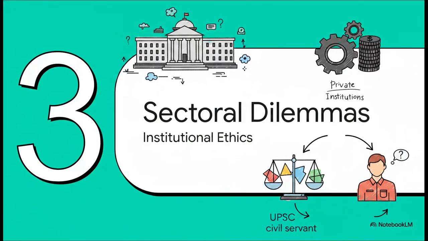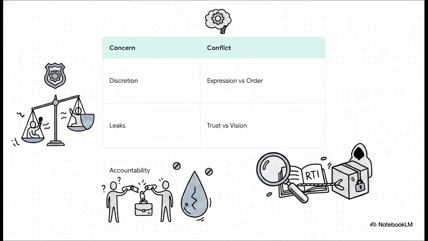Section 3, Sectoral Dilemmas. Next up, let's map out exactly where these ethical concerns pop up in government and private institutions. If you see a question about institutional ethics in your mains, use these exact scenarios to show how friction happens on the ground. First, administrative discretion. An official having to balance a citizen's freedom of expression against maintaining democratic order.